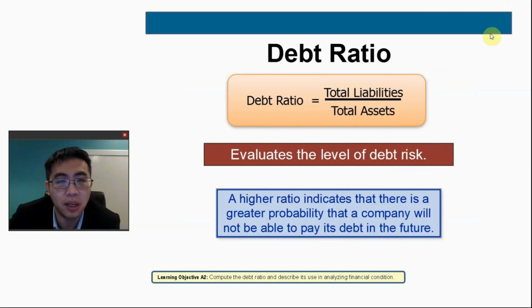So definitely you want to keep this debt ratio down to a satisfactory range. If the debt ratio is too high, then there's a greater probability for a company to fail its debt payment. And when a company is unable to pay back its debt, what do we call that? It's called bankruptcy.